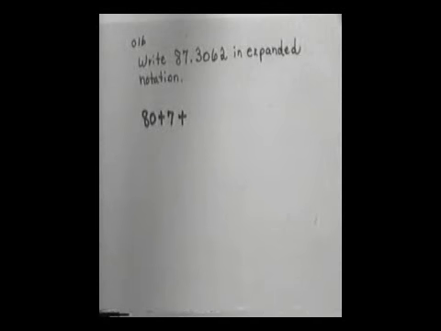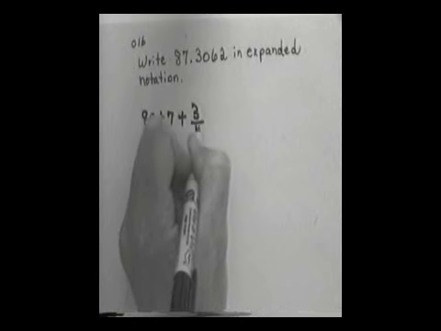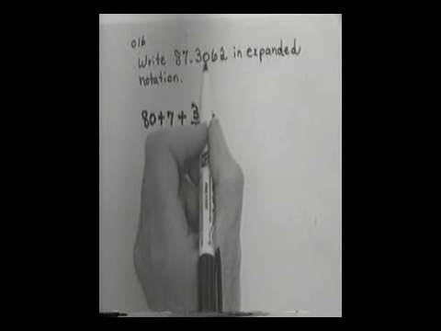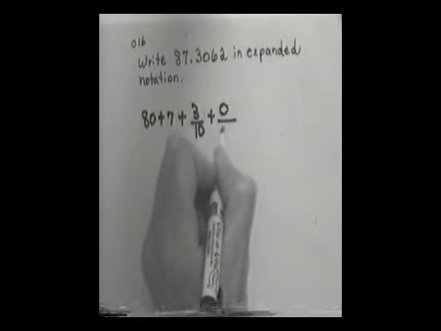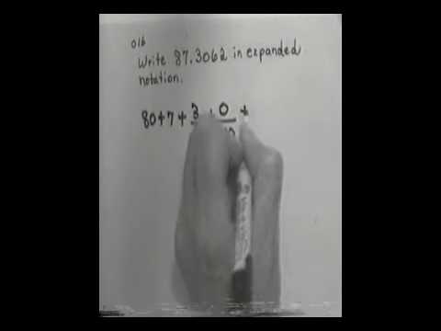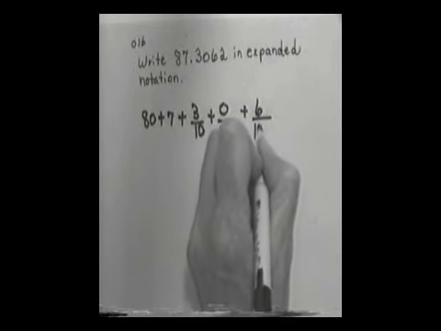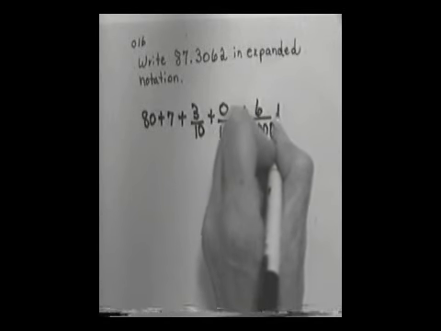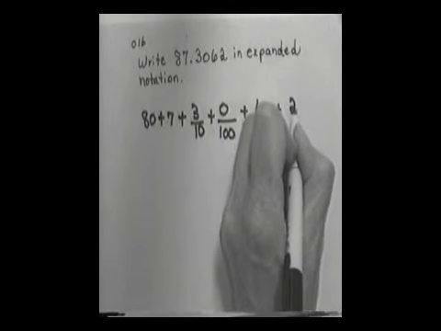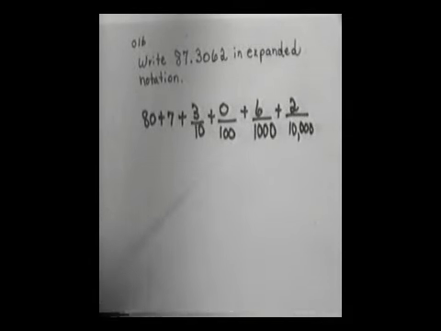Now when we get to the decimal part, we just put the fraction that each decimal stands for. So the 3 in the tenths place just means that we have 3 tenths, plus the 0 means that we have no hundredths, and we could leave that one out if we wanted to, plus the 6 means that we have 6 thousandths, and the 2 means that we have 2 10 thousandths.